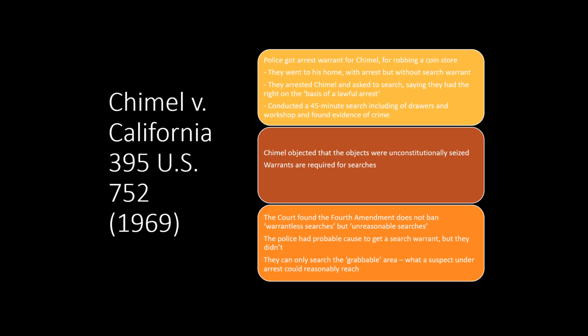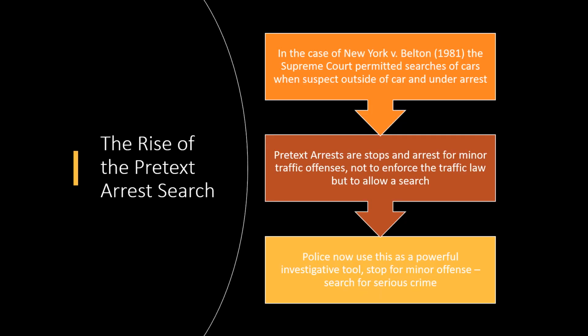Now, one of the things that this case kind of triggered is what we call the rise of the pretext arrest search. So, the big case here is what's called New York versus Belton. And we're not going to go through the individual facts of the case, but basically, the Supreme Court, in doing the analysis, permitted the searches of cars when a suspect is outside the car and under arrest, even if I'm just stopping them for the purpose of the search.